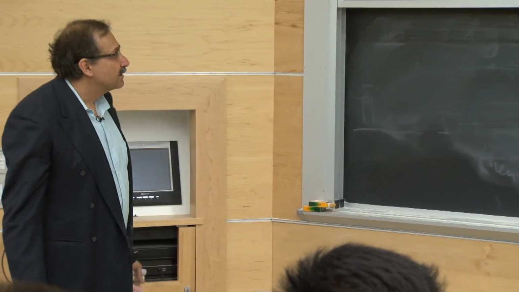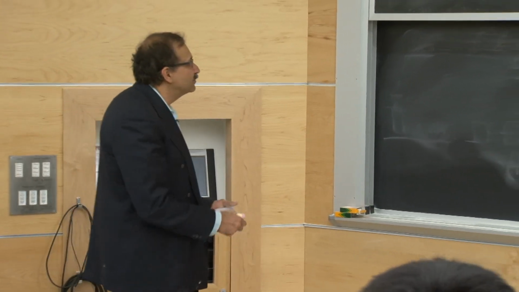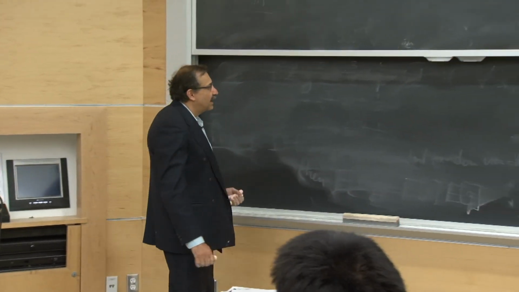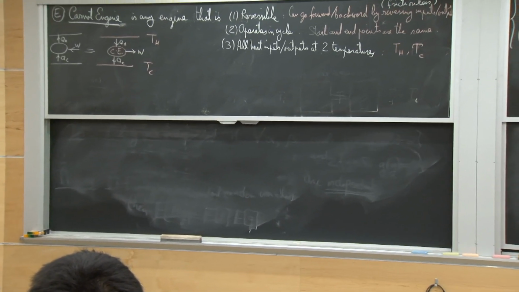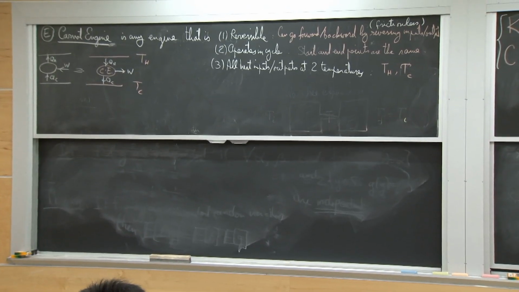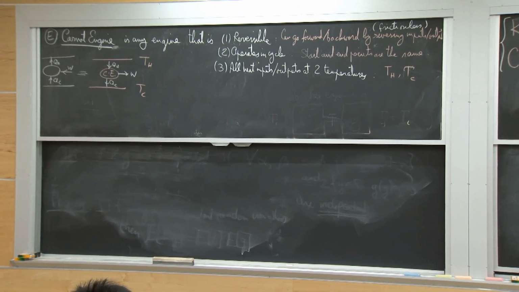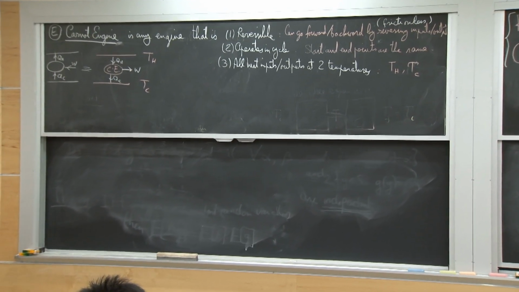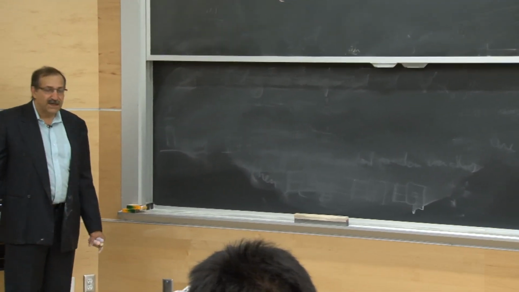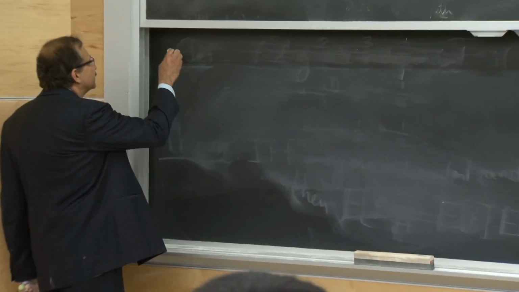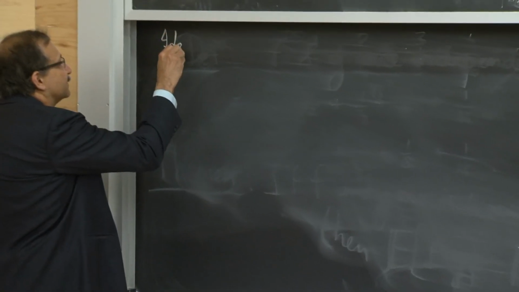Now, it is good to have at least one example that such a theoretical construct as the Carnot engine can be made based on things that we have so far. And we can be explicit and show that for the case of the ideal gas.